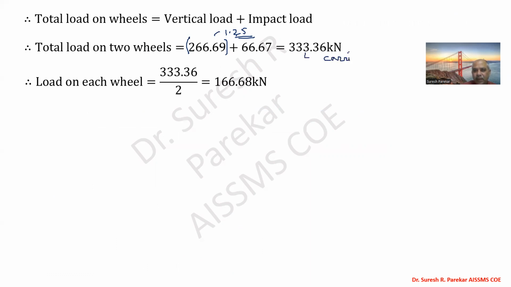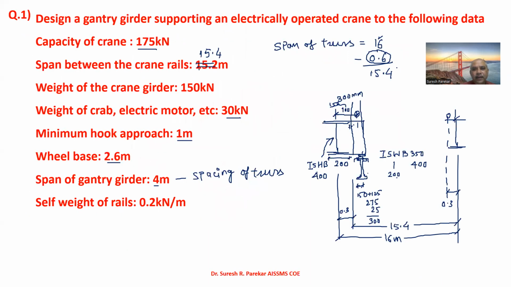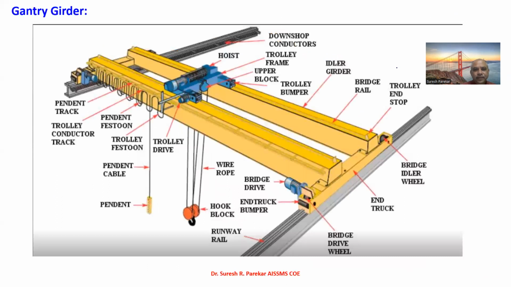Now already I explained this, carried by two wheels. If you see this diagram, I will show you how it is carried by two wheels. You can see we actually have two wheels: one wheel below this and another below this.